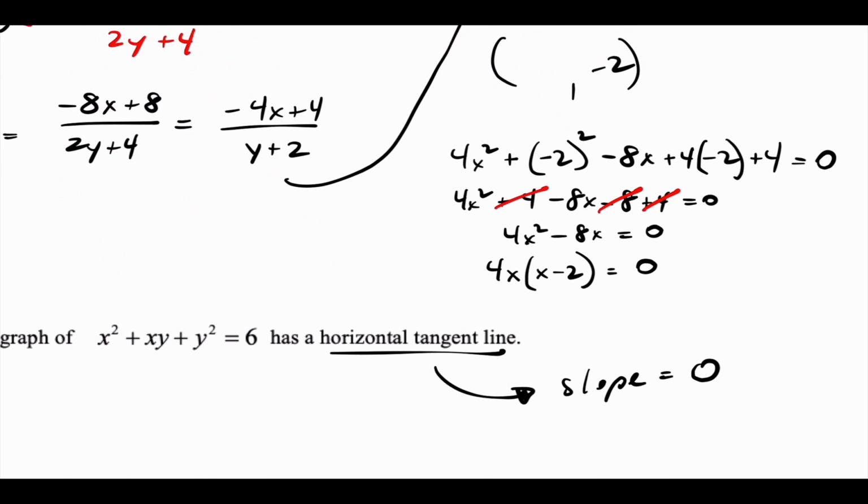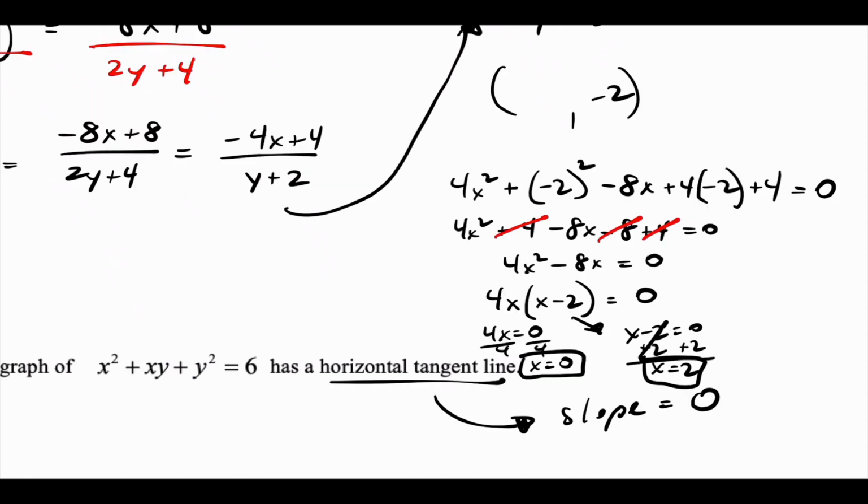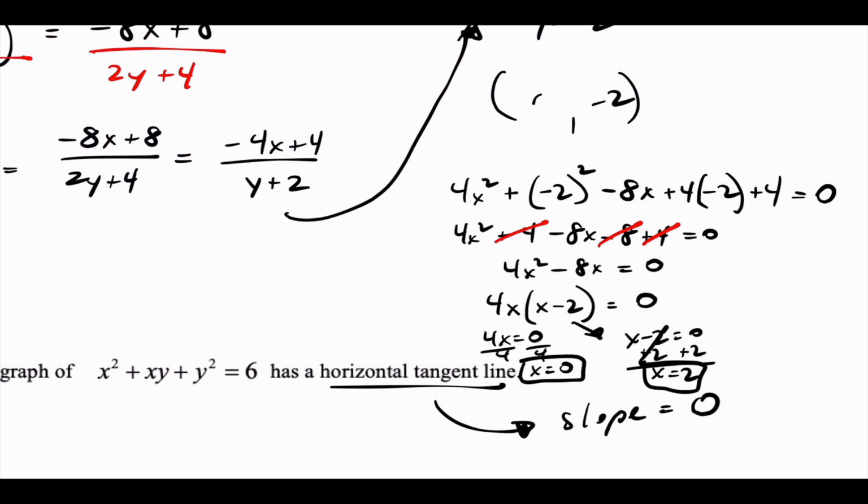So I'm going to get two answers. 4x equals 0, x minus 2 equals 0. So I get x equals 0 and x equals 2. So there are actually 2 points: 0, negative 2 and 2, negative 2.